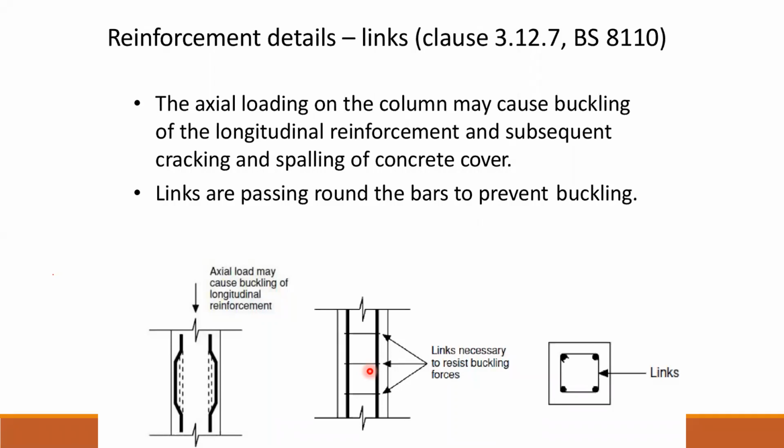Whatever these links provide, they serve three purposes according to the codes. One is to make sure that the shear strength is enhanced by providing the links. The second is to avoid buckling.